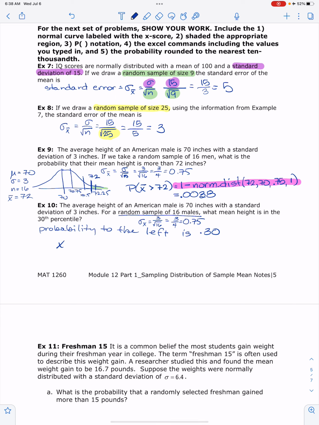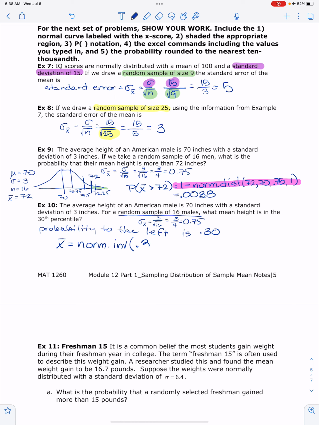So we're looking for a height. And we're talking about a sample of size 16, so we are looking for a sample mean. We here are going to use norm.inv.